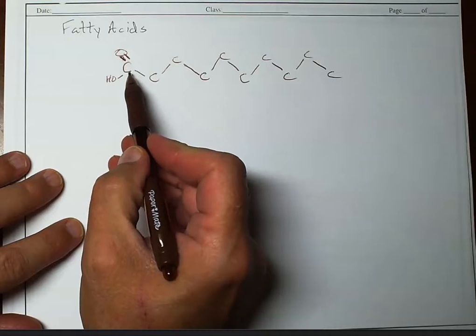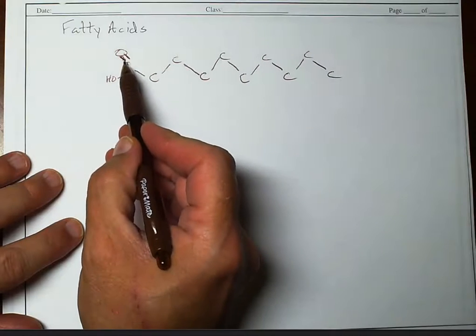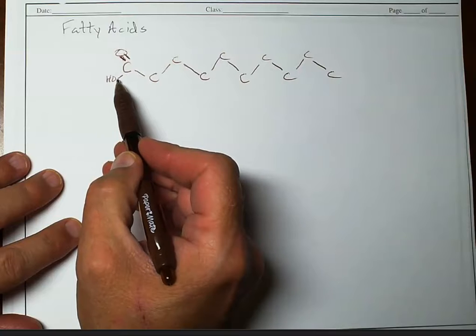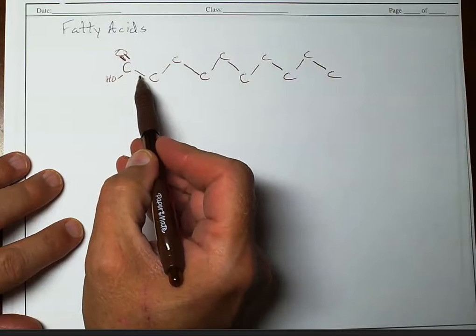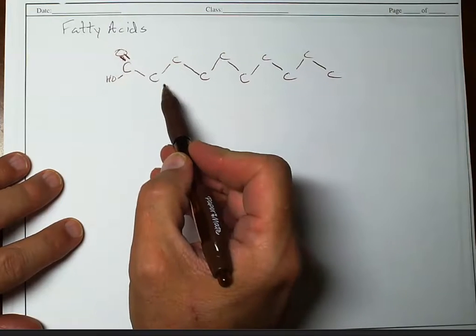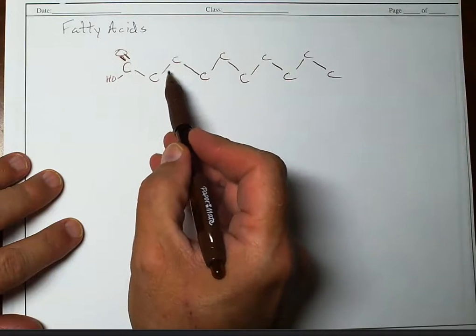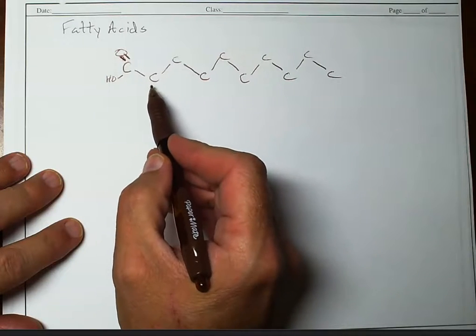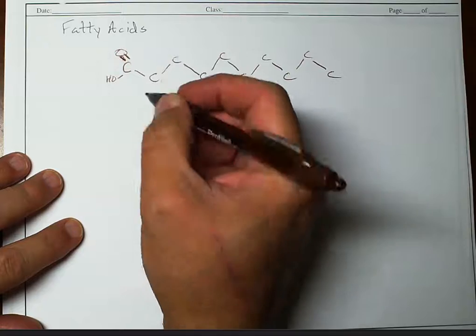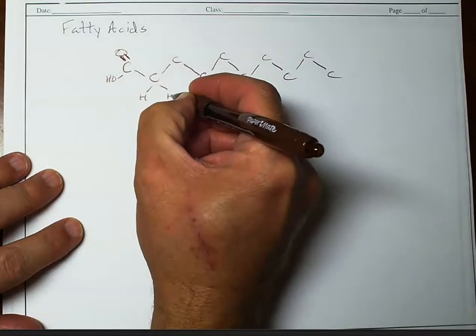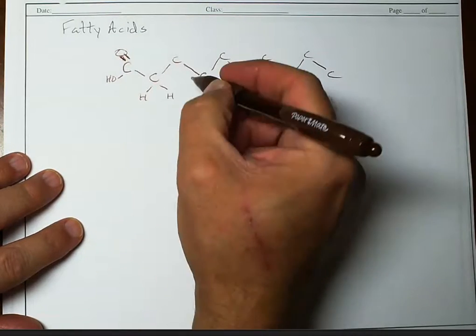Okay, so we look at the carboxyl carbon over here. It has 2 bonds to this oxygen, 1 bond to this hydroxyl group, and 1 bond to this carbon, giving it 4. This carbon here only has 2 bonds so far, 1 to the carboxyl carbon and 1 to this carbon over here. So it's missing 2. So what we would expect is for that to have 2 hydrogens.